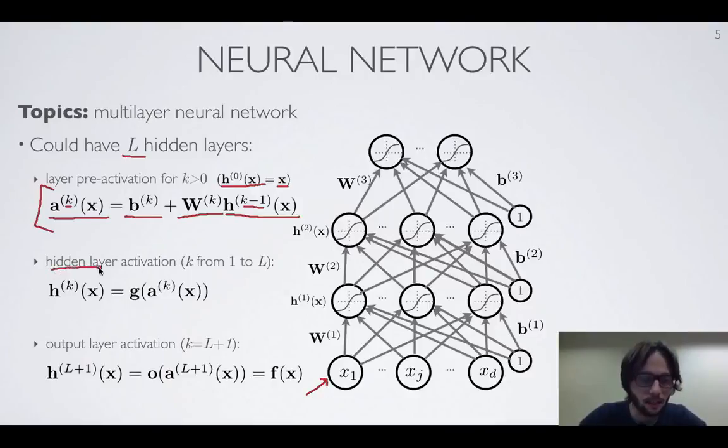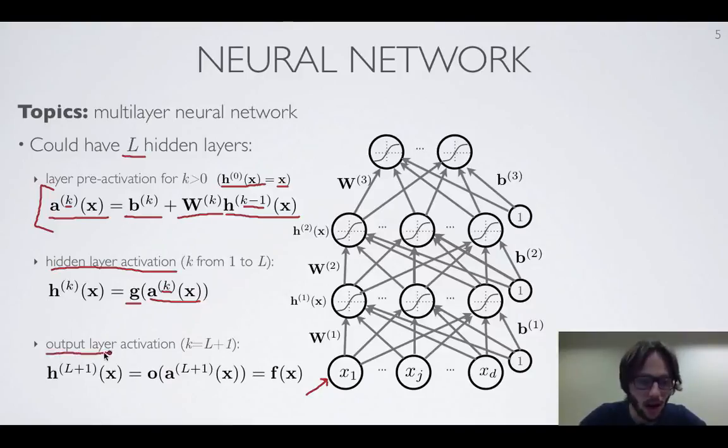To get the hidden layer activation, the output of the hidden units at each hidden layer, we simply apply the activation function on the pre-activation of the corresponding hidden layer.